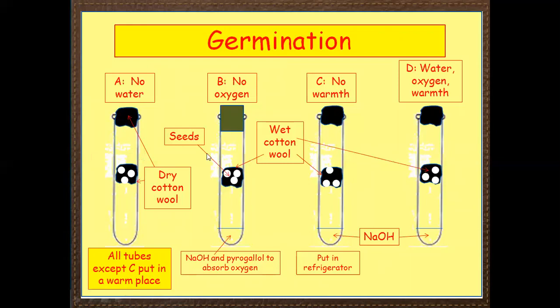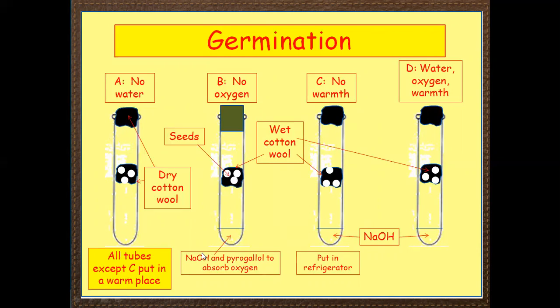Here, if we take the seeds and the cotton is wet, it means the cotton has water. But there is no oxygen. We put pyrogallol here, which absorbs oxygen. It means there is no oxygen here, and oxygen is needed for respiration. If no oxygen, no energy will be produced, so this seed will not germinate.